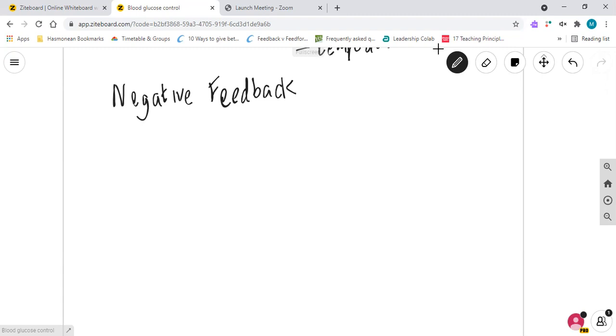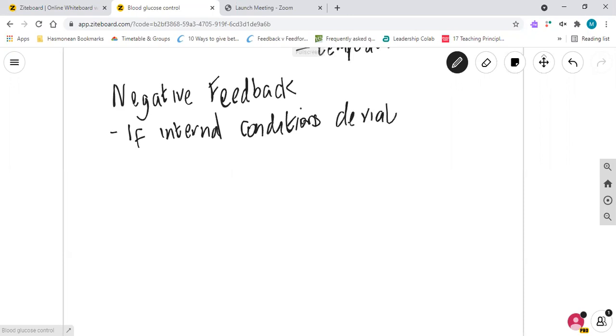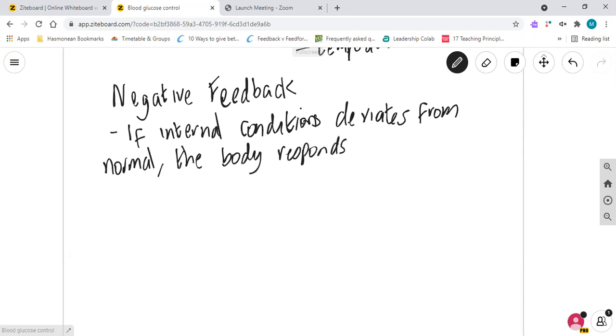Well, in terms of what it means, it says that if the internal condition deviates from the normal, so in other words, it goes away from the normal, the body responds and brings it back to normal.